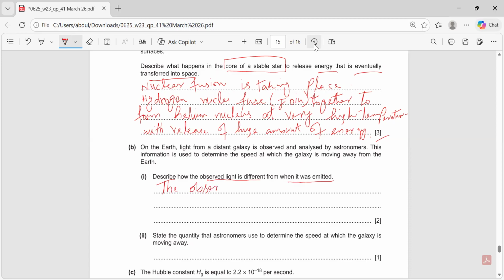The observed wavelength is longer, and so light from a distant galaxy is redshifted.